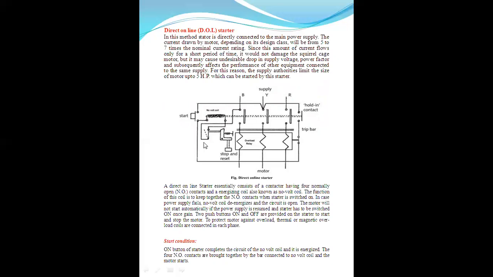When it gets energized, it holds the contact in this position, and the RYB supply is given to the motor, meaning the motor is in operating condition. When it is stopped, the coil gets de-energized, the RYB phases get opened, and the motor is now in off condition.